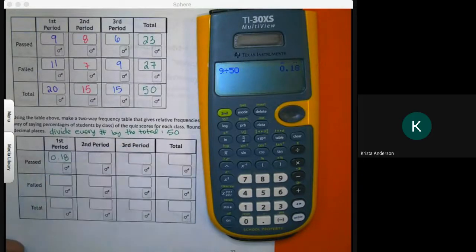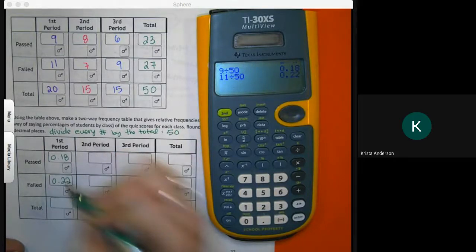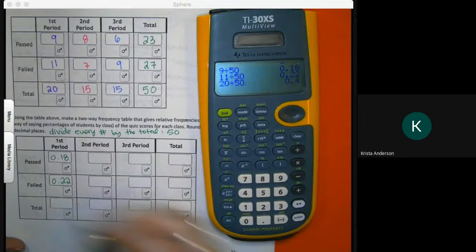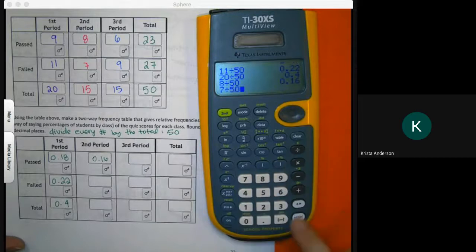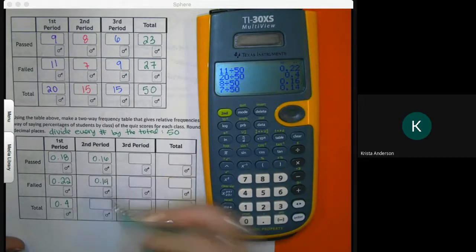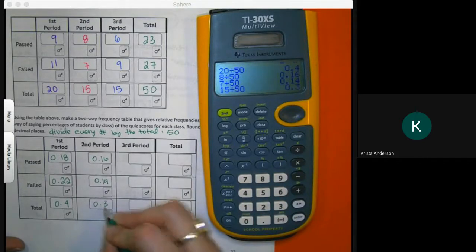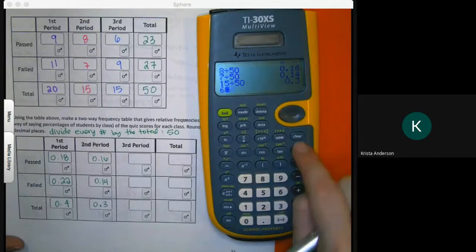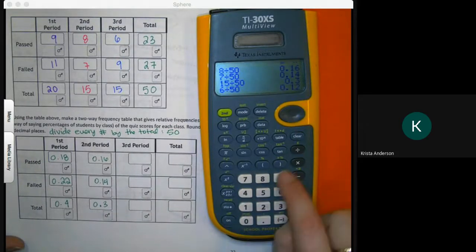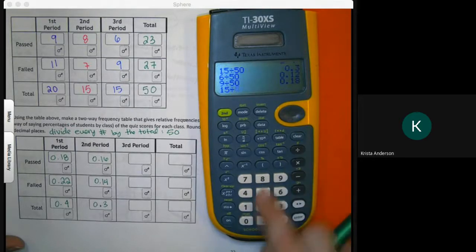0.1. 11 divided by 50, 0.22. 20 divided by 50, 0.4. 8 divided by 50. 7 divided by 50. 15 divided by 50. 6 divided by 50. 9 divided by 50. 15 divided by 50.